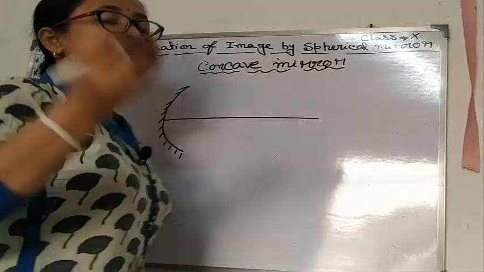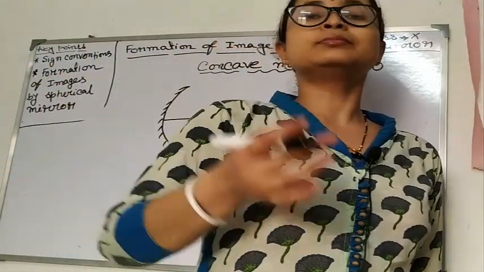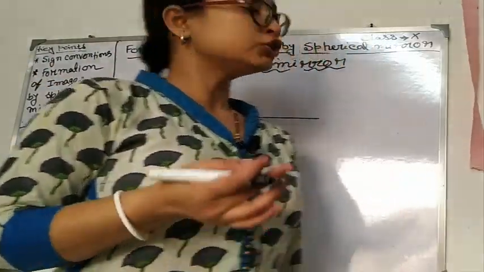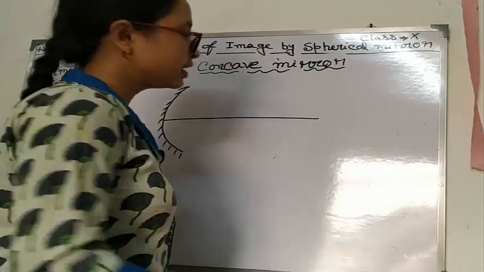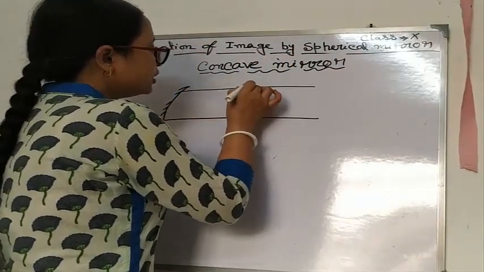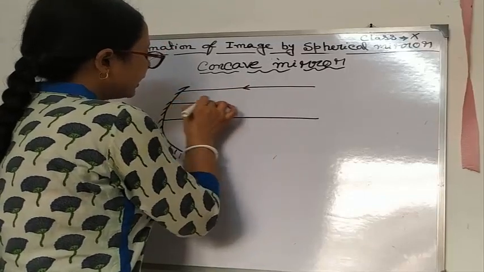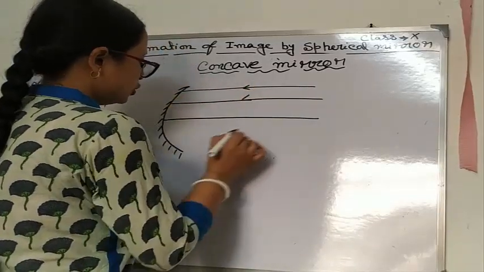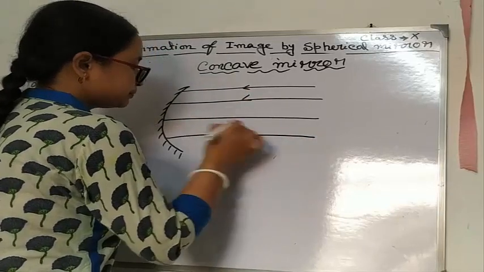Suppose infinity, just like the sun, the sun rays will come parallel, always parallel. So whenever the object is at infinity, what happens? All the light rays come parallel to the principal axis, like this.